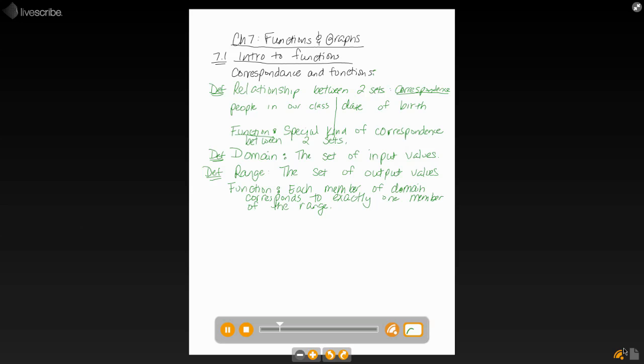So, to explain that further, a way to remember the definition of function is this. This is a Christinism, okay? Ready? You can't kill two birds with one stone.